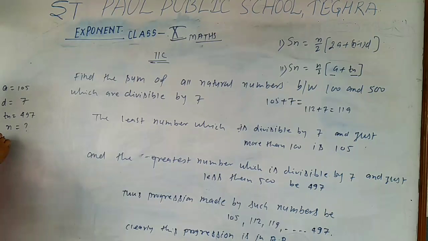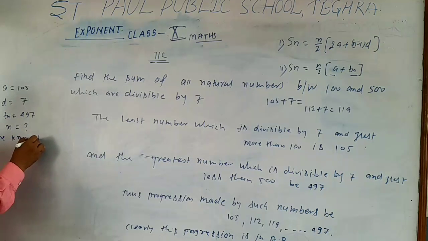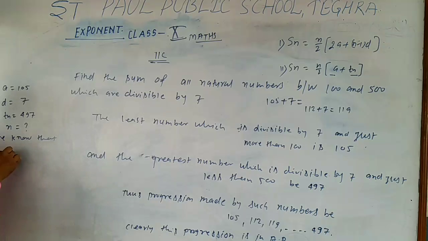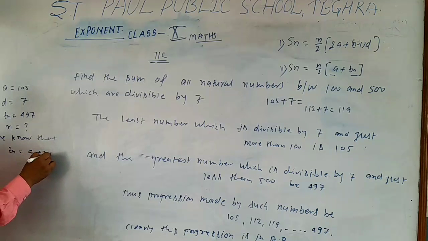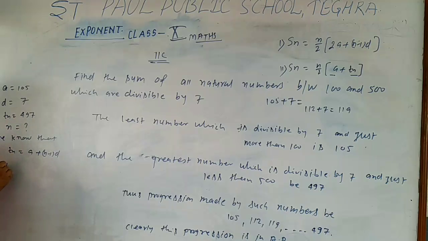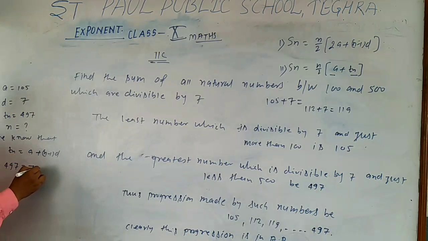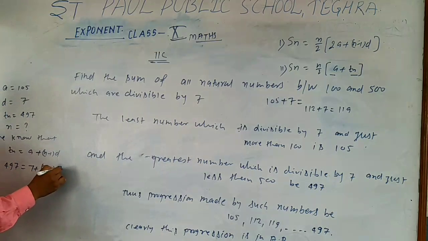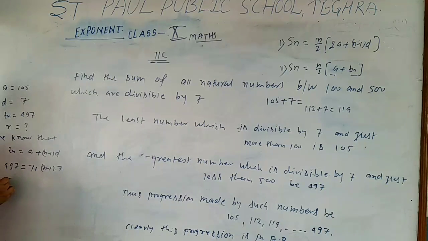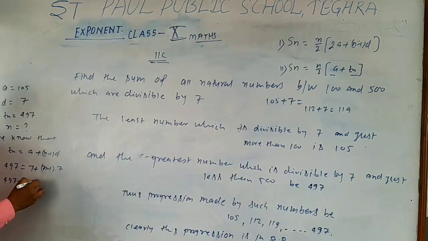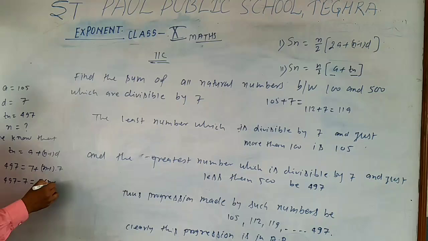Thus, as we know, tn equals a plus n minus 1 into d. This implies tn equals 497 is equal to a, that is 105, plus n minus 1 into d. In place of d we put 7. This becomes 497 minus 105 is equal to 7 into n minus 1.